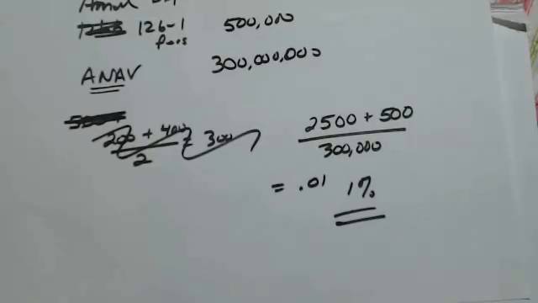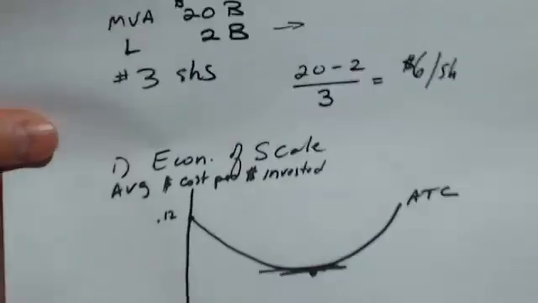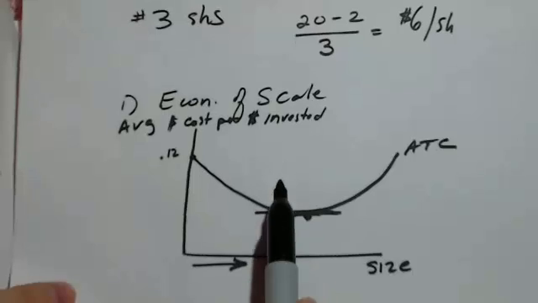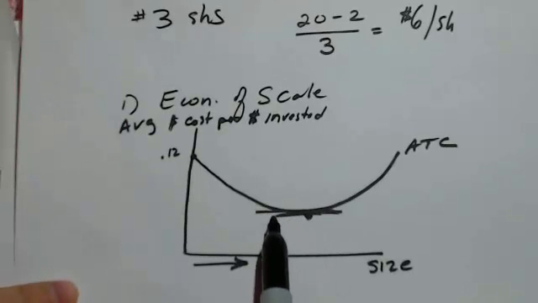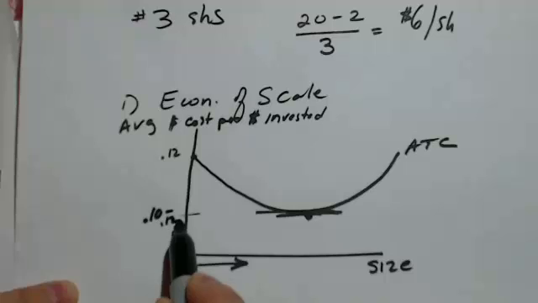You can get S&P 500 index funds, like through Vanguard, that, believe it or not, go back to the economies of scale graph from the very beginning of this presentation, that are about 10 to 12 basis points.